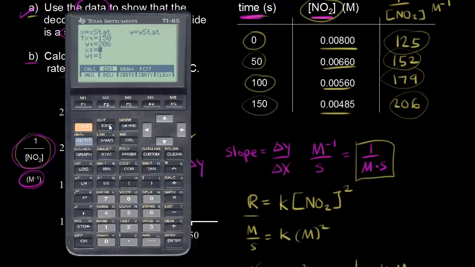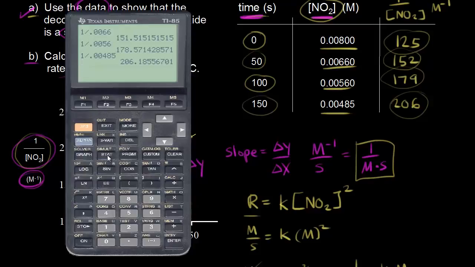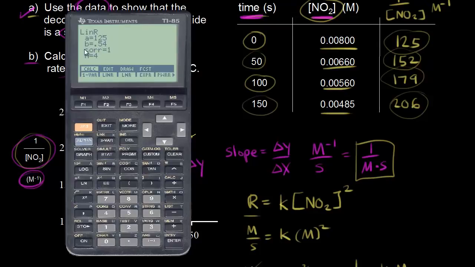206. So we have our points in there now, and we can go back to Stat, and we can hit Calc, so F1 right here, and we can hit Enter twice, and then we can do a linear regression, which should be right here for F2. And when we do our linear regression, we find that B, on our calculator here, B is the slope.